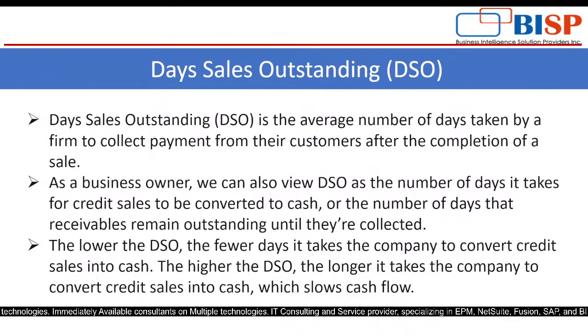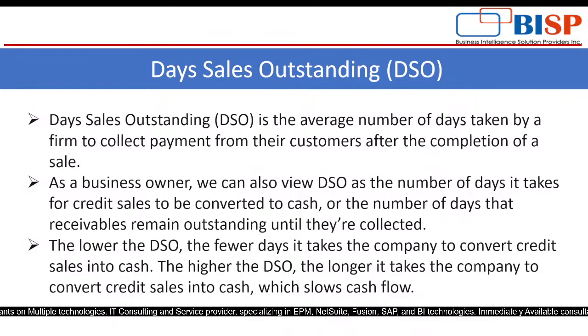So daily sales outstanding. Daily sales outstanding is the average number of days taken by the firm to collect payment from their customers after the completion of sales. As a business owner, we can also view DSO as the number of days it takes for credit sales to be converted into cash, or the number of days that receivables remain outstanding until they are collected.